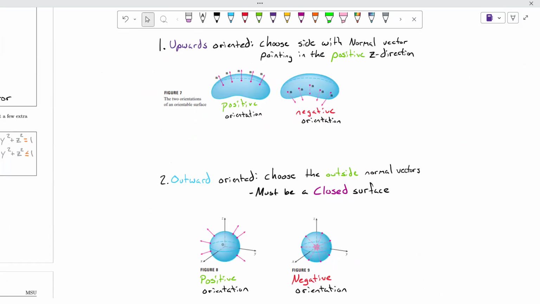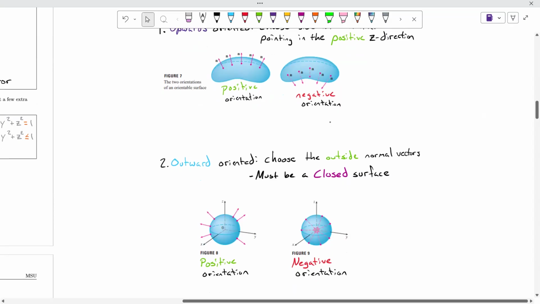But that also means it's the easiest one to decide your orientation. Your normal vector will have a positive z component if it's upward, and it'll have a negative z component if it's oriented downward. Again, up will be positive, down will be negative, which is pretty clear just based on the z-axis.